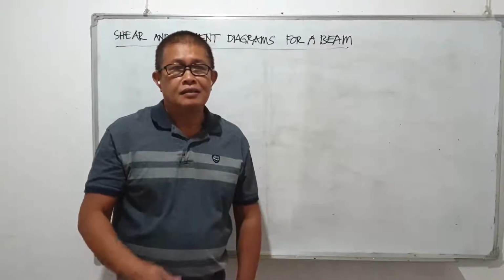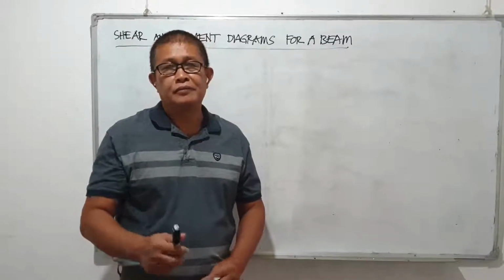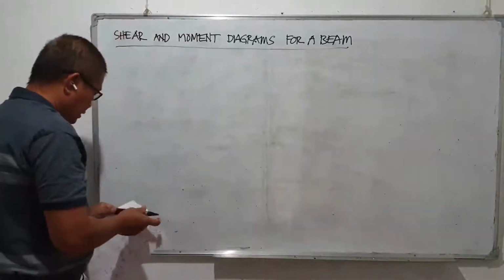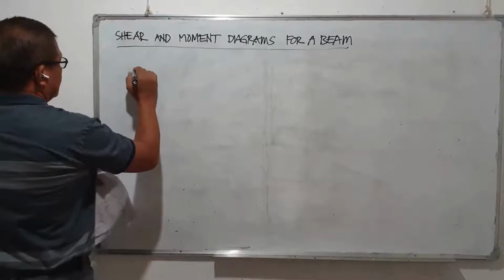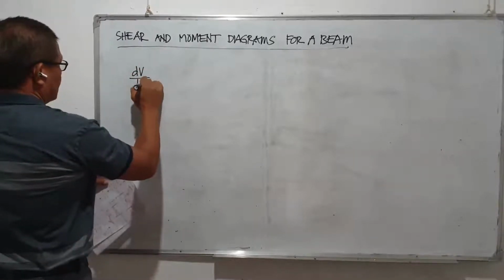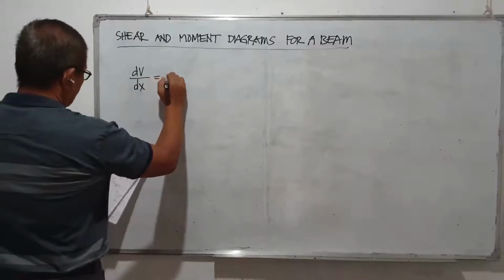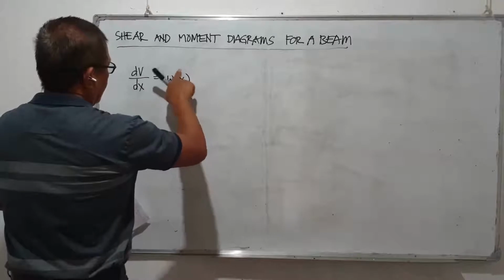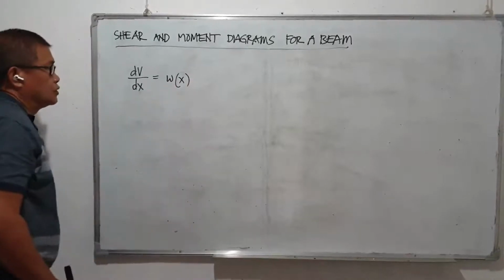And it turns out that with the derivation, we have the equation that determines the shear: the derivative of V with respect to x is equal to w of x.